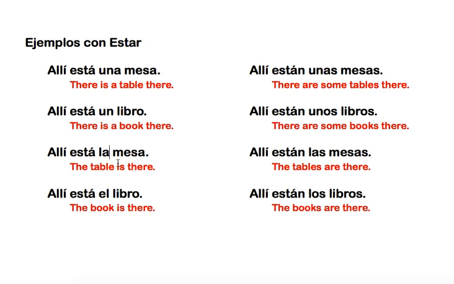Now the definite articles. Allí está la mesa. The table is there. Notice that the there is phrasing is gone. That's because the way that I would explain it is that the table, because it's definite, means we know in our conversation, when I say the table, which table we're talking about. So we know that it exists. We know that it is there. So we don't have to say there is the table is there.